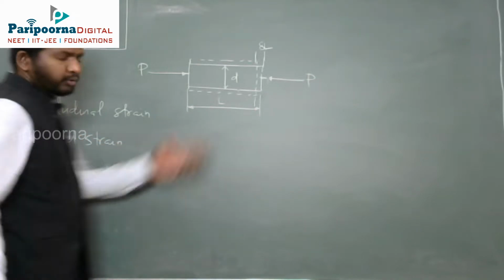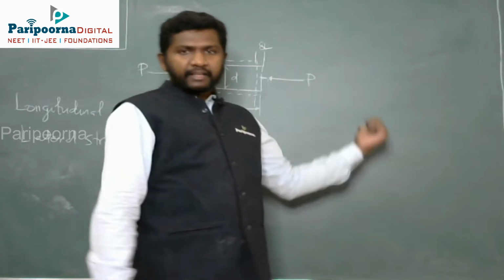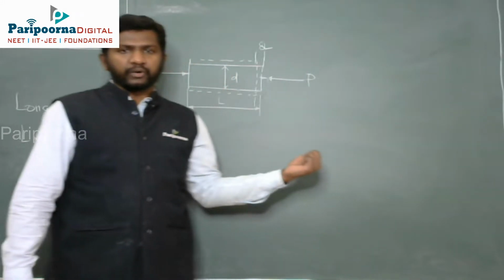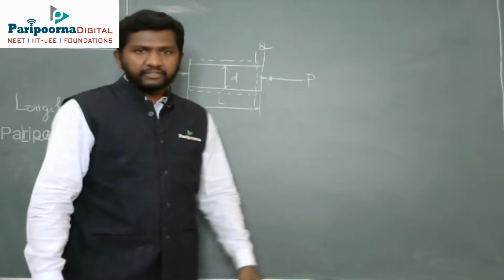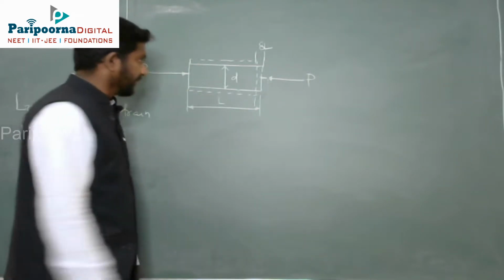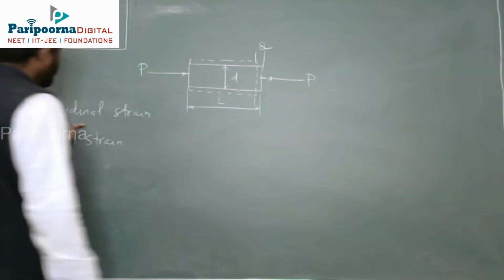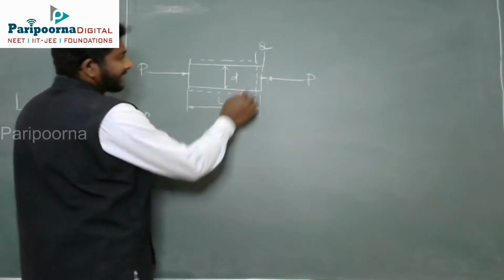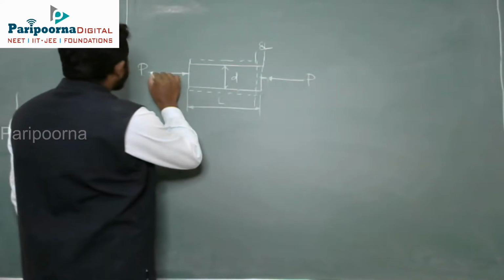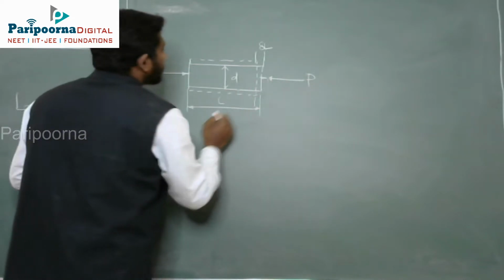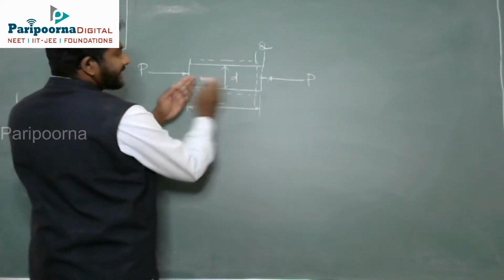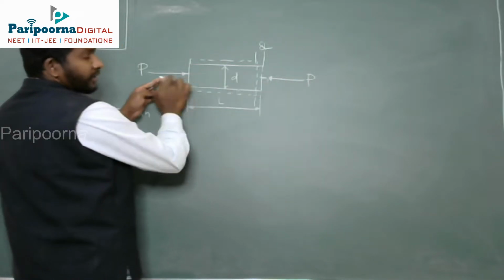You take any example, whether compressive loading or tensile loading. Now, in our board, the compressive loading picture is there. Let us take this example itself. What is longitudinal strain? The strain along the line of action of the load. For example, here the length is decreasing along the load direction.